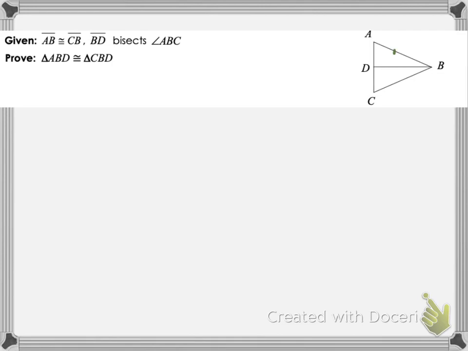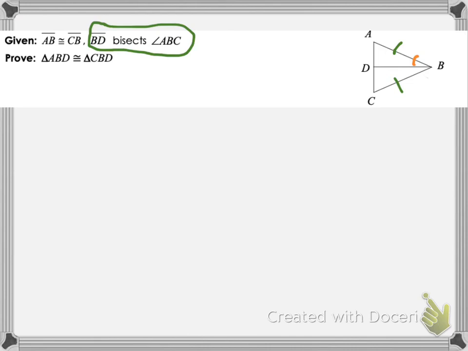Given AB is congruent to CB, and BD bisects angle ABC. So angle ABC is this angle right here, and it says segment BD bisects that. So what that means is that it cuts it into two congruent angles.